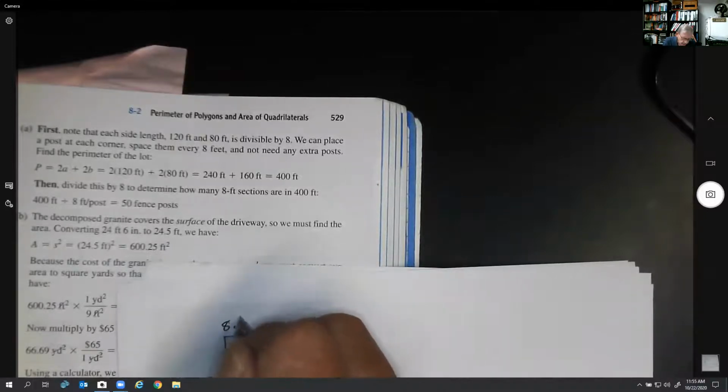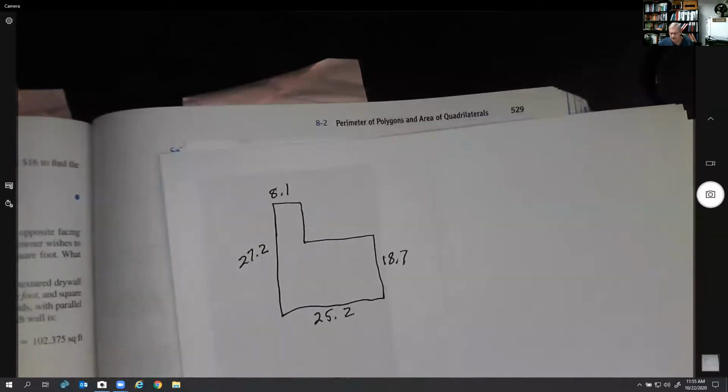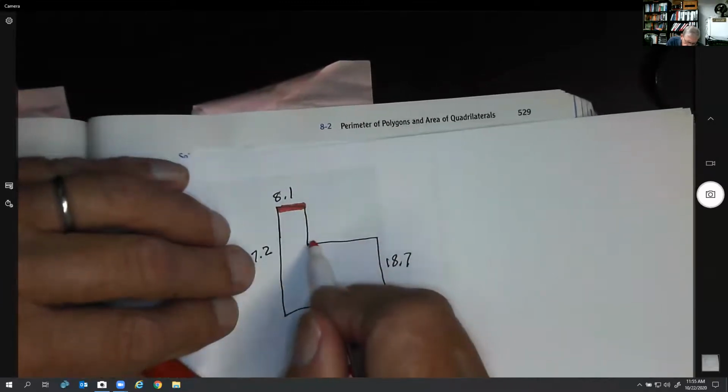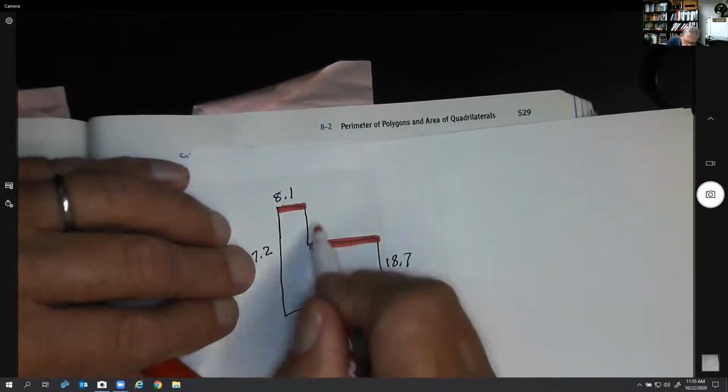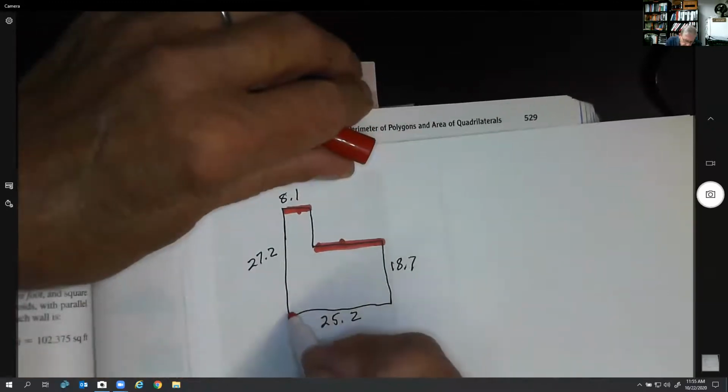We have this figure here, 27.2, and this is 25.2, and this is 18.7, and this is 8.1. Let's say we want to find the missing dimensions. How do we do that? Well, you see this side and this side, these two measures have to add up to the bottom.